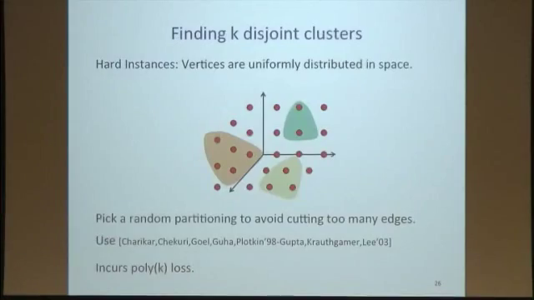So here we use the vast literature on random partitioning of metric spaces, using the works of Charikar, Chekuri, Goel, Guha, Plotkin, Gupta, Krauthgamer, and Lee. Okay? Now, these random partitionings incur a loss that is a polynomial function of the dimension. Okay? Since we are in k dimensions, we get a loss polynomial in k.